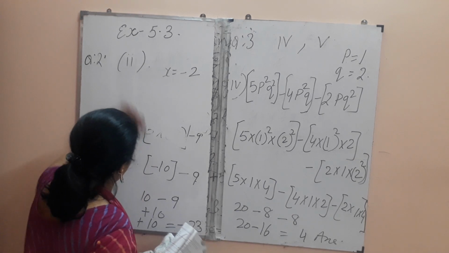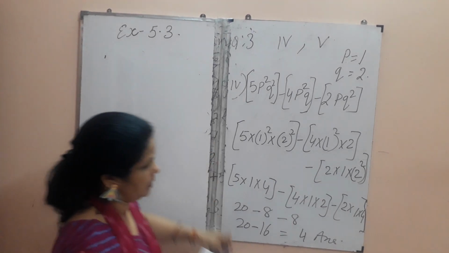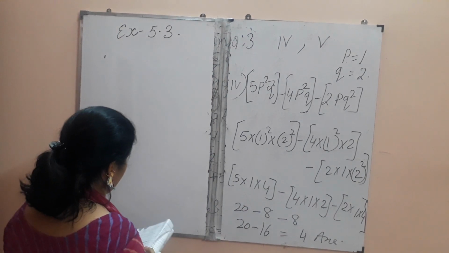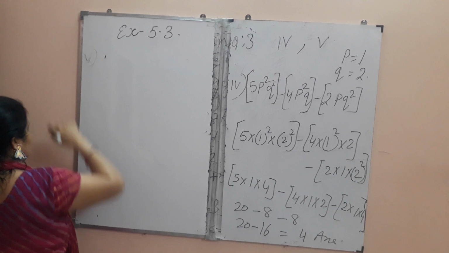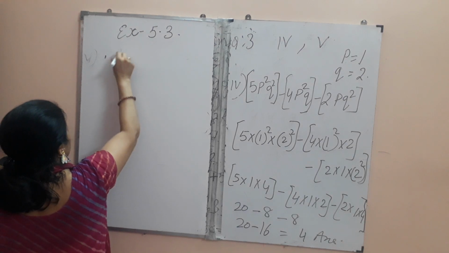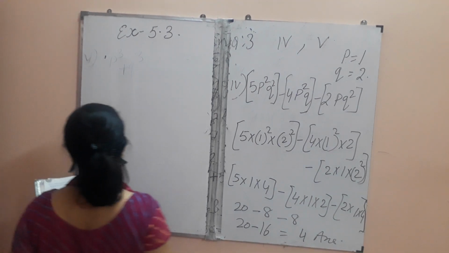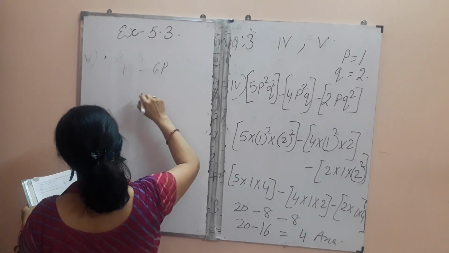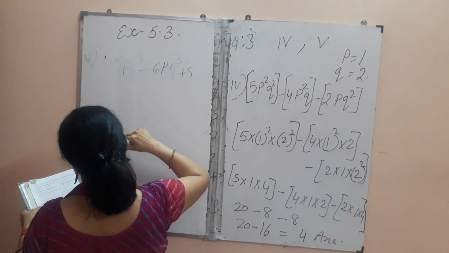Now we will solve the 5th part. Question number 3, part 5. The 5th part is PQ plus Q cube minus 6PQ cube plus 8PQ cube.